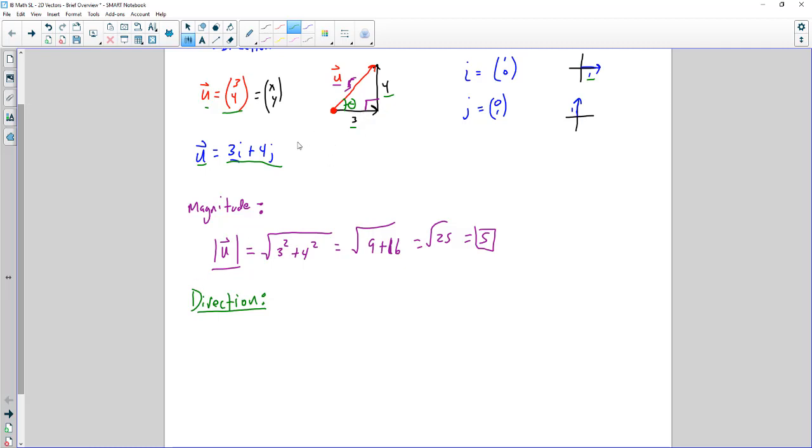It's a slope, as it turns out, right? It's rise over run, if you want to think of this being a line. That's going to come into play later on when we talk about vector equations of lines. But what I'm going to say here is that the tangent of theta is going to be 4/3, y over x. So theta itself, very simply, will be the tangent inverse of 4/3.